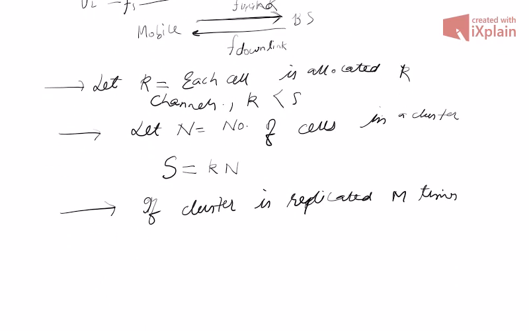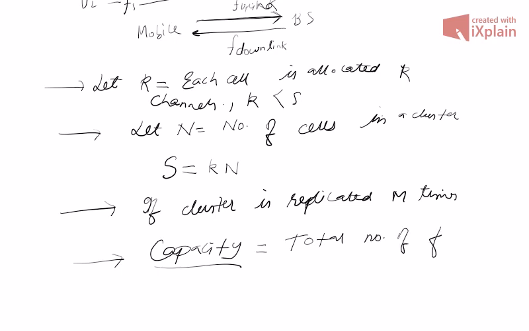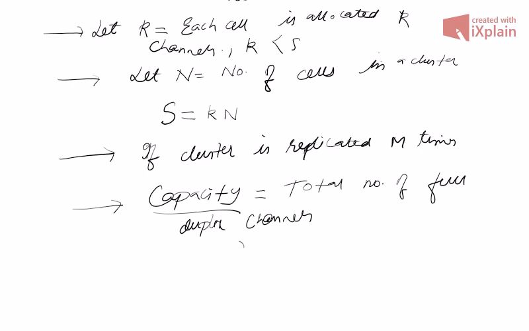Then we can have a measure of the capacity of this cellular system as the total number of full duplex channels, and that will be called C, and that will be definitely m times S or m times k n.